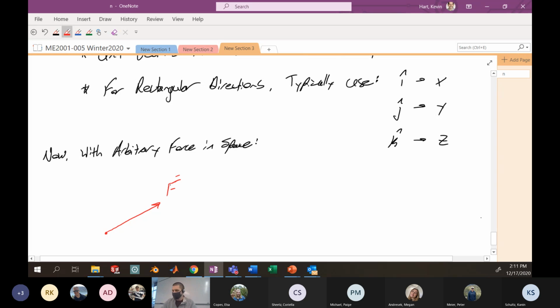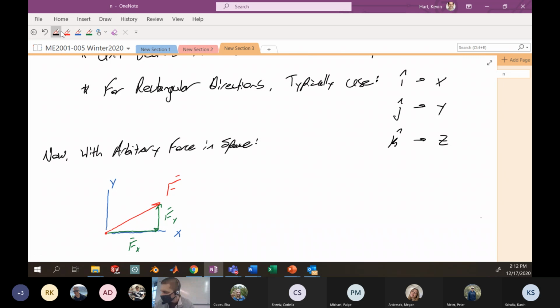If we slap some coordinate system on this, we can just use our traditional 2D coordinate system, X and Y. Then I could say that the component of this particular force in the X direction and the component of this force in the Y direction, let's call these Fx and Fy.